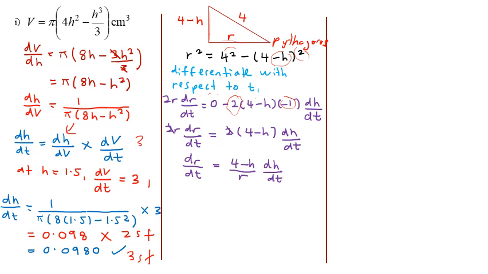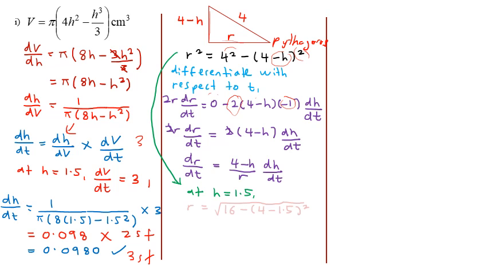Okay, right, so since we already obtained dr/dt in relation with dh/dt, now we want to find out the value of r when h equals 1.5. So use the same equation from the Pythagoras theorem.